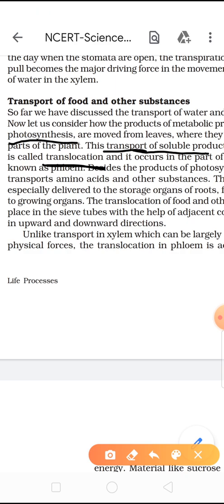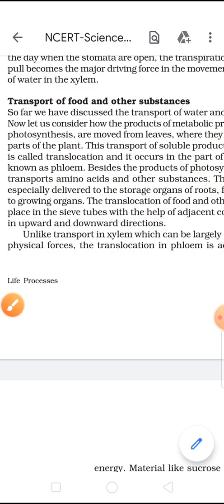And from photosynthesis, what are we getting? We are getting glucose. So glucose needs to be transported, and this transportation is known as translocation. Okay, so transport of food is known as translocation.